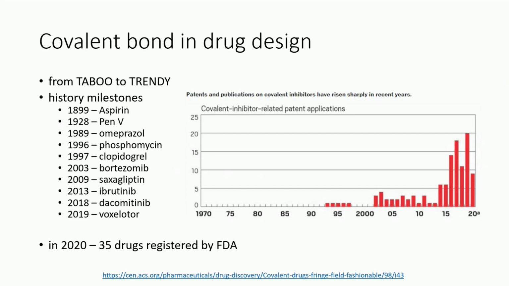But in the history, it was unwanted to create the covalent bond between the drug and the target, because there was a fear that the drug will be too promiscuous and it will be able to bind to different targets and cause many adverse effects.